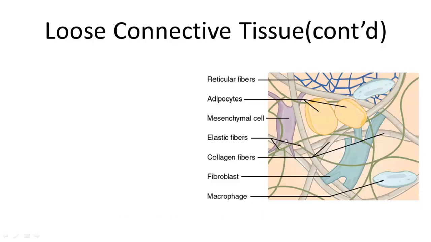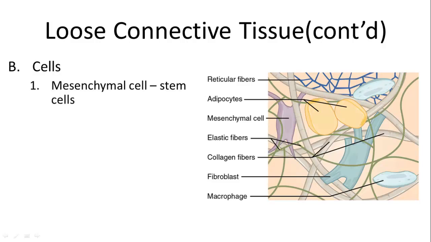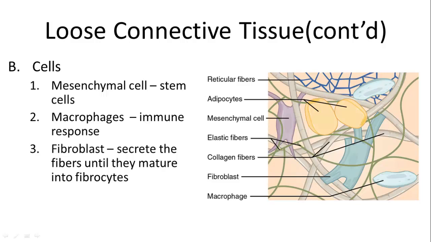You also have a combination of different types of cells. You may have a mesenchymal cell, which we just stated was the progenitor cell of connective tissue. We have macrophages, which are part of the immune response system. We have a fibroblast, which secretes fibers until they mature into fibrocytes.